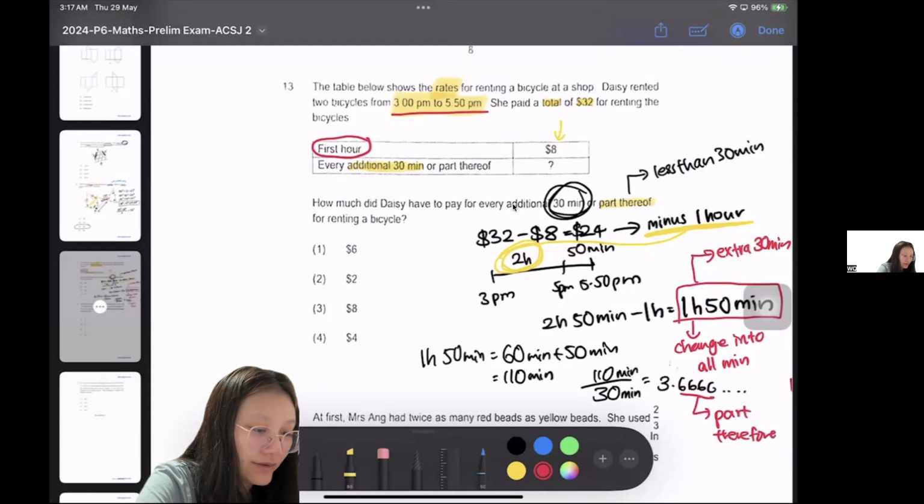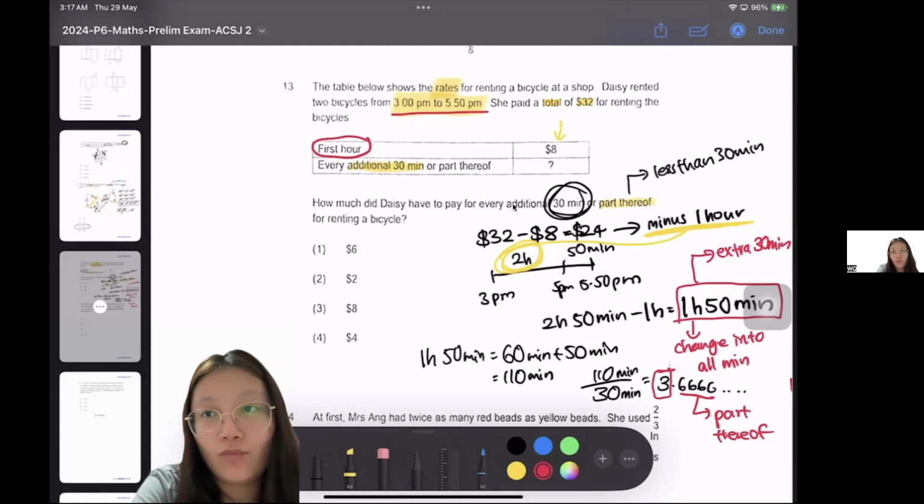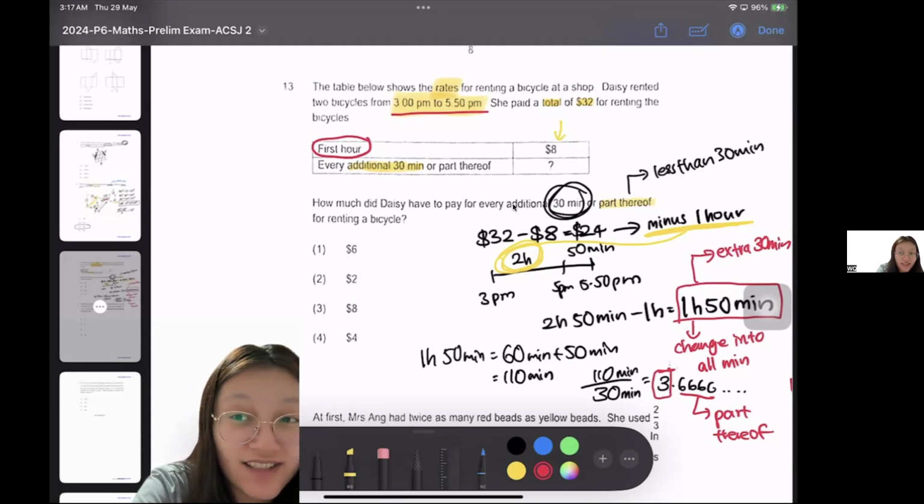So therefore, you need to take 3, which means there are 3 lots of 30 minutes. Then you see the part thereof is actually less than 1, so it's actually 3 plus 1, because you still count that 0.6666 as 1 part thereof.